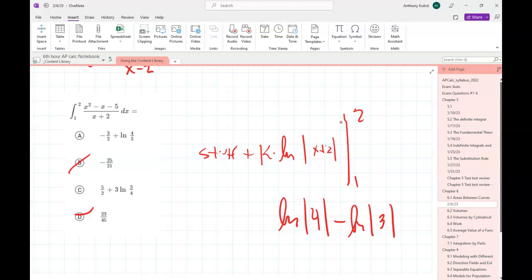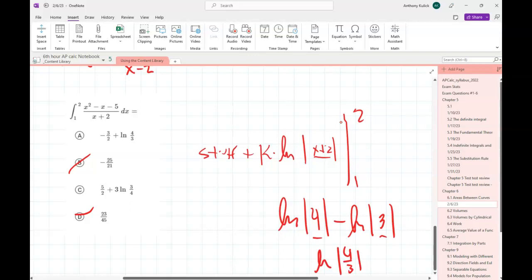Because I plugged the 2 in for x to get 4, and the 1 in for x to get 3. When I do the definite integral, I'm going to have stuff evaluated at 2, natural log evaluated at 2, minus stuff evaluated at 1, natural log evaluated at 1. So I know I'm going to have the natural log of 4/3 using my log rules. So I like that one.